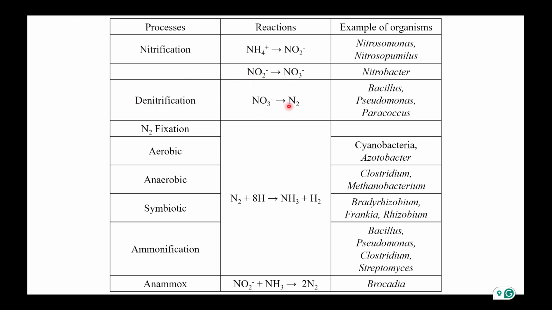Again, it would be a stepwise process, but it's generally shown as a direct reaction, nitrate to nitrogen. So again we came back to nitrogen, and that nitrogen can again be fixed by different bacteria into ammonia. Ammonia can be oxidized into nitrates, and then nitrates can go back to nitrogen. So the cycle keeps going on.